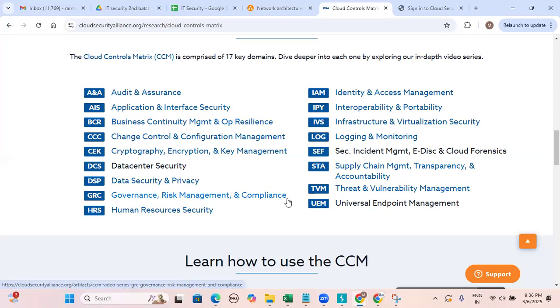So cloud security here means you should be aware of the cloud. That does not mean that you will become a cloud expert. It's not like that. You should be aware of networking, application security, product security, information security, endpoint security, network security. If you are aware of cyber security, then only you will become a cloud expert.